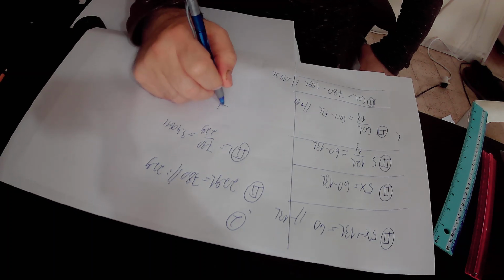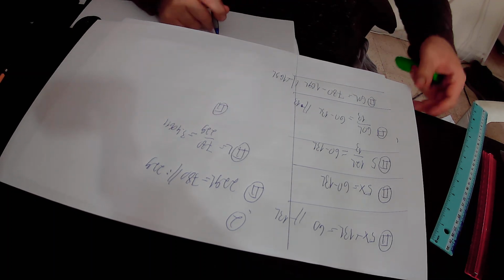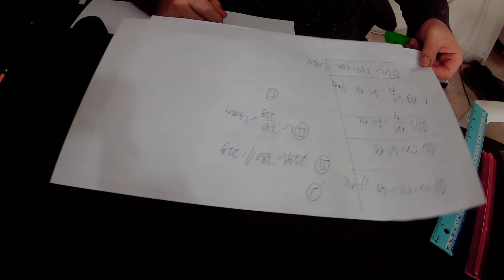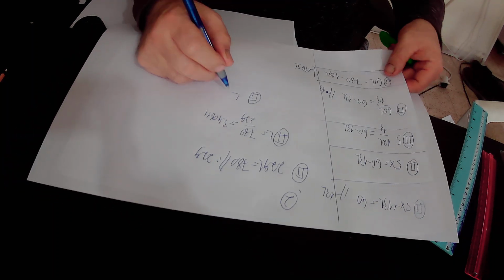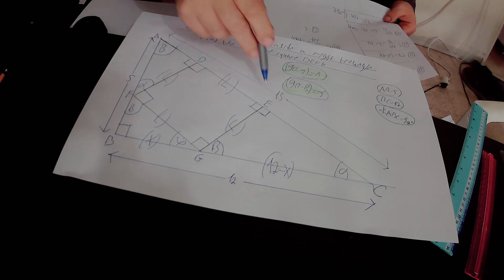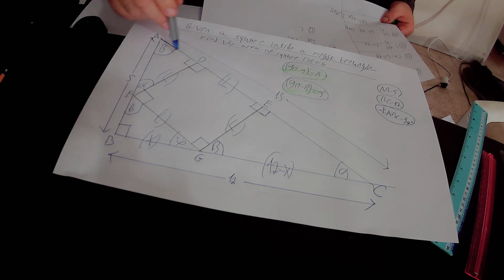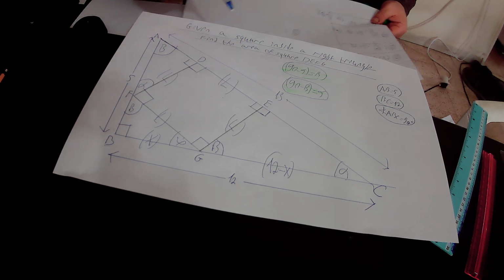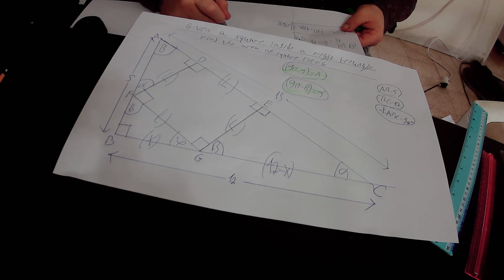So we found out that the length of one side of this square DEFG, the length L, is equal to 3.40611 units.